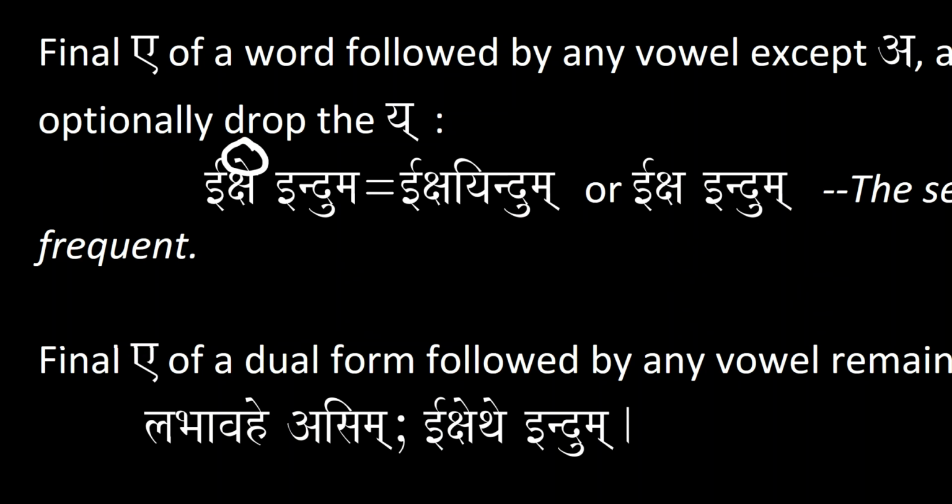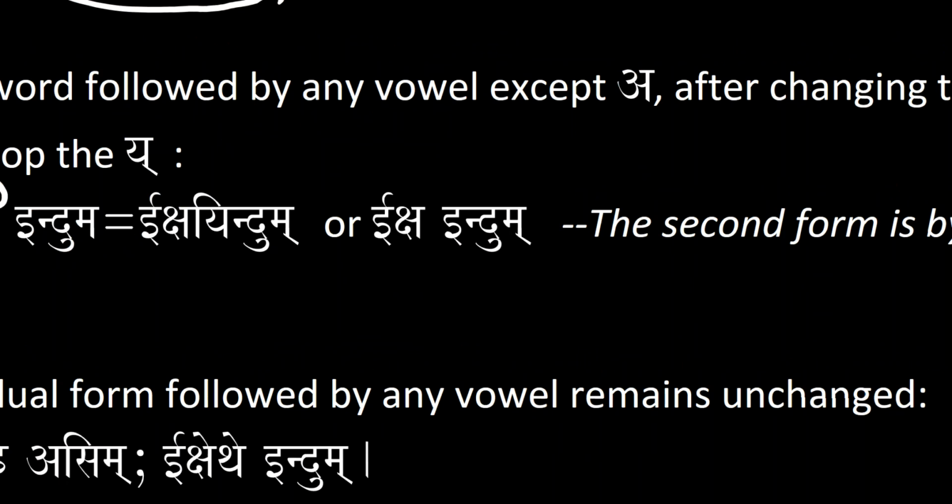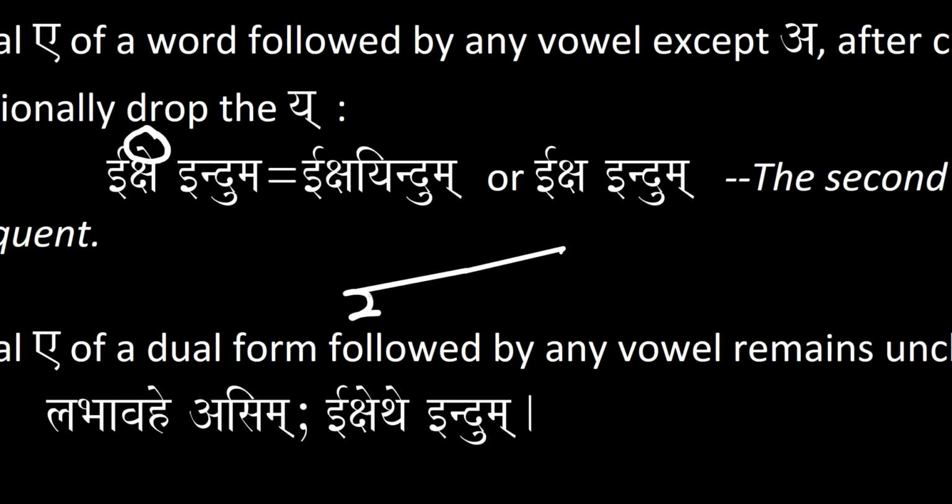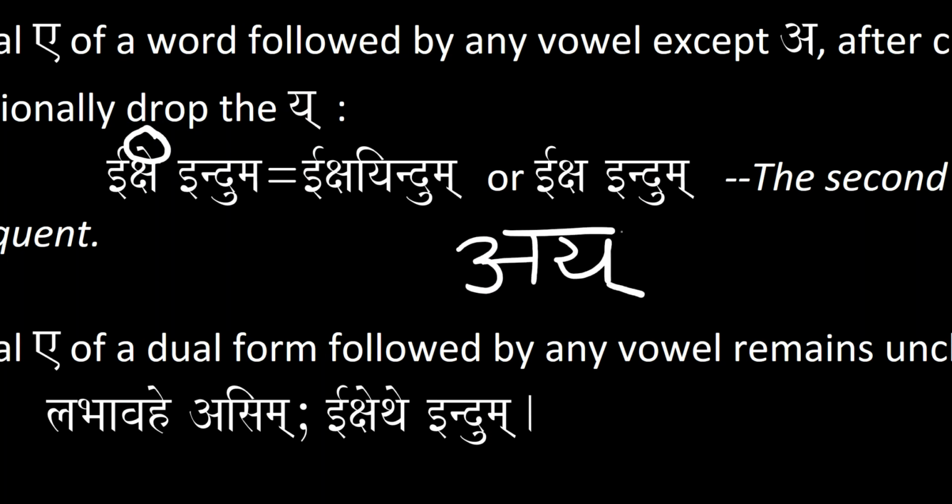But like I said before, the type of form that you're going to see more often is ikshayindum. So here you're not adding the ya. You're just adding the i instead of the e once that e is removed.